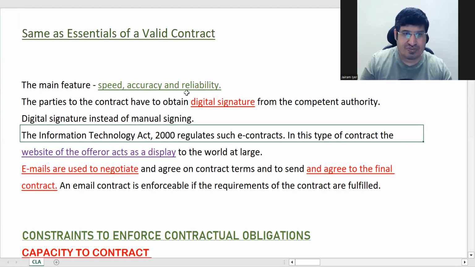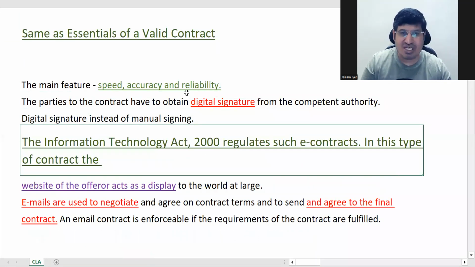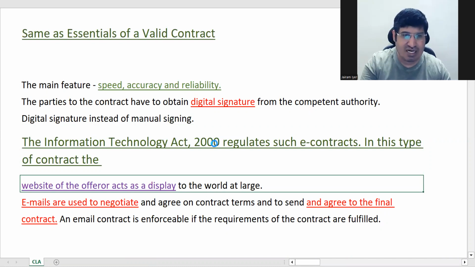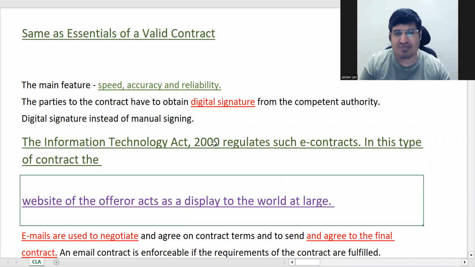The Information Technology Act regulates e-contracts. Not only the Information Technology Act, but the Contract Act plus the Information Technology Act. To the extent of the things which are there in the Information Technology Act, that will regulate. Otherwise, all other conceptual things come from the contract law. In this type of contract, the website of the offerer acts as a display.